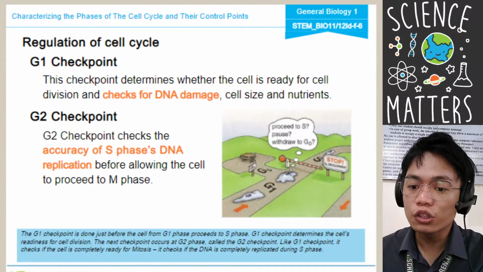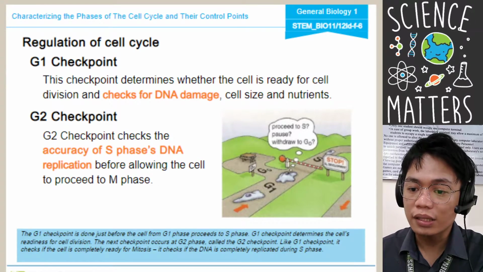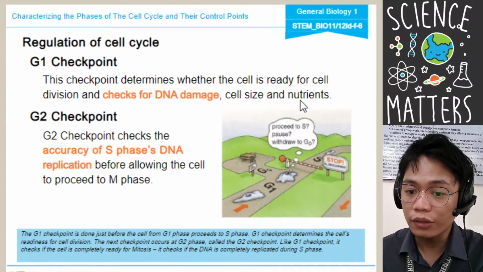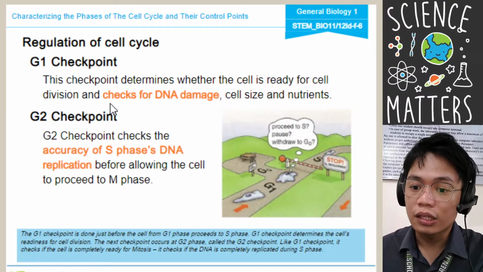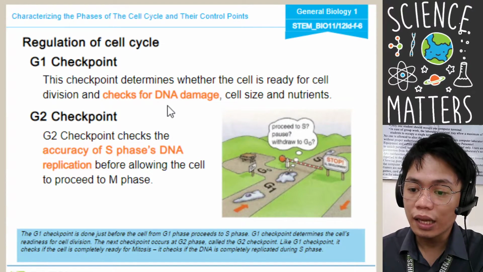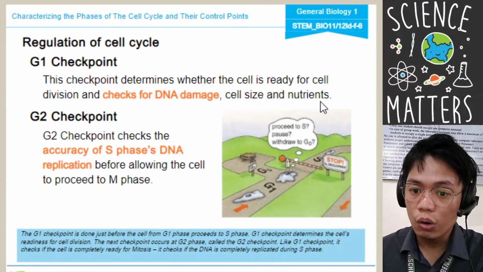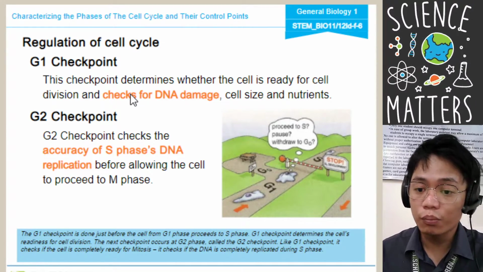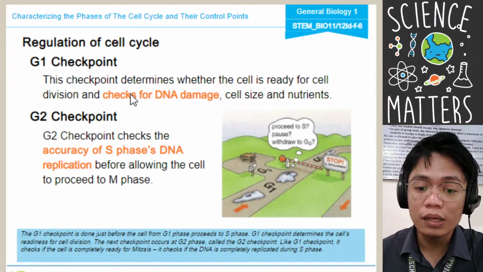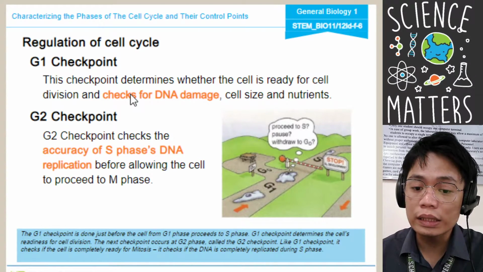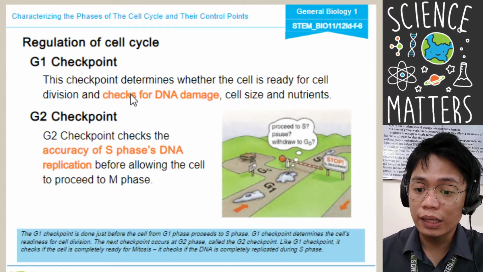So in the G1 checkpoint, this checkpoint determines whether the cell is ready for the division. It checks the DNA damage and the cell size and nutrients. Okay, in the first checkpoint, it prepares all the necessary proteins, as well as prepares the cell for DNA replication.